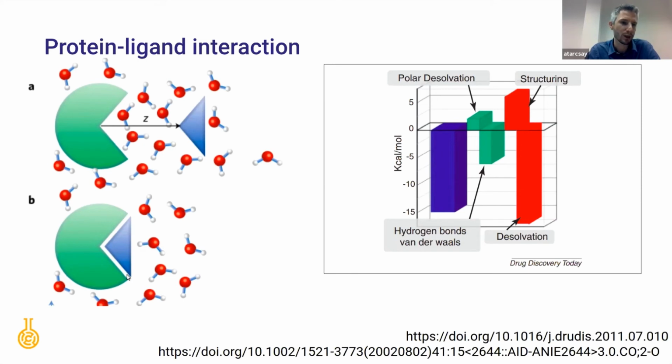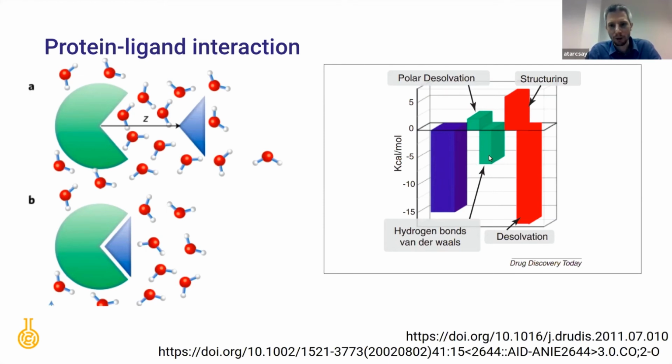Then it will form the interaction, it will bind to the binding site, to its pocket, and then the system will be rehydrated again. On this graph on the right-hand side, you see the blue bar is the delta G change.